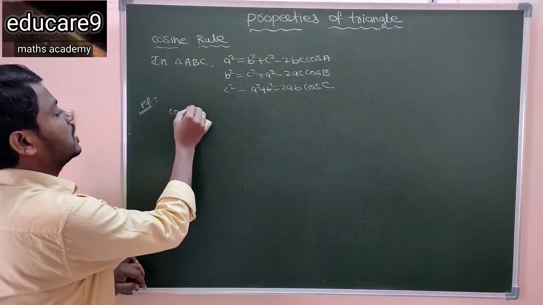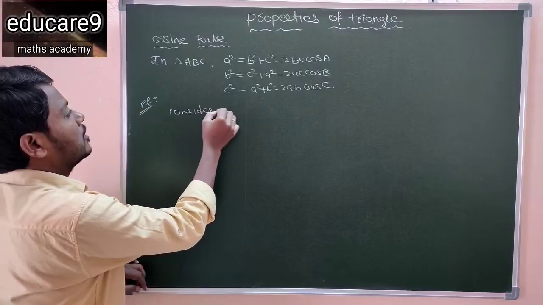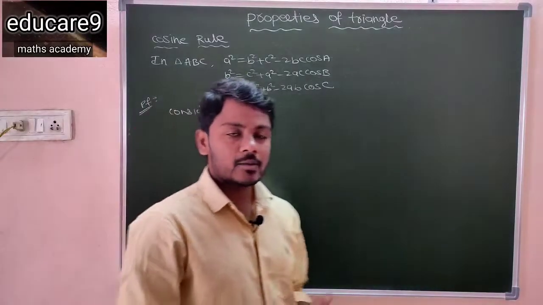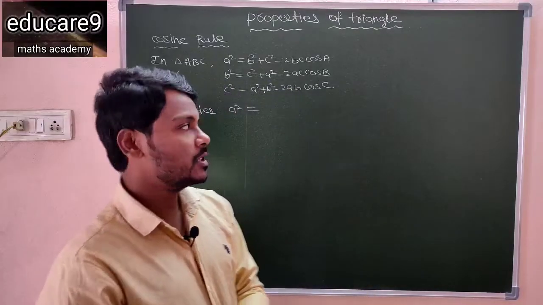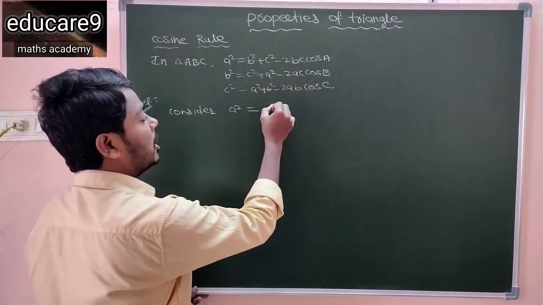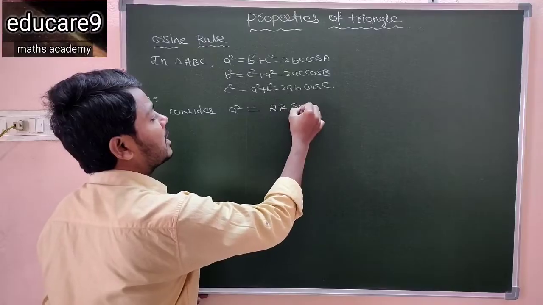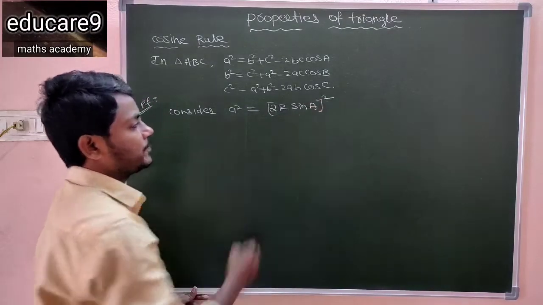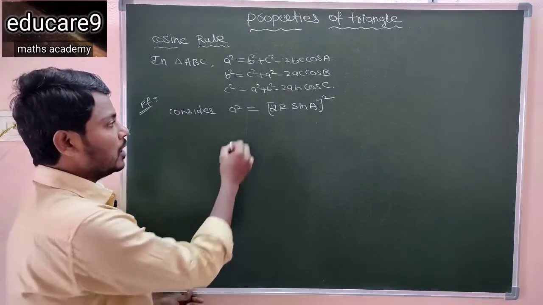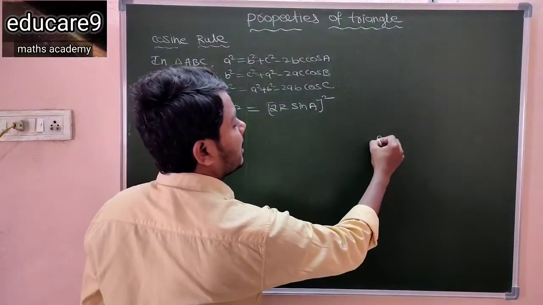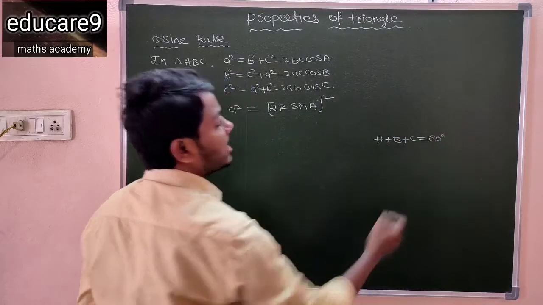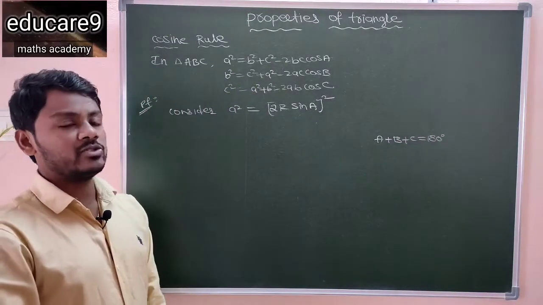First consider small a square. What is small a from the sine rule? Already discussed, small a is 2R sin A from the sine rule, whole square. Now you know that A plus B plus C is equal to 180 degrees, the sum of the interior angles in triangle ABC is 180.